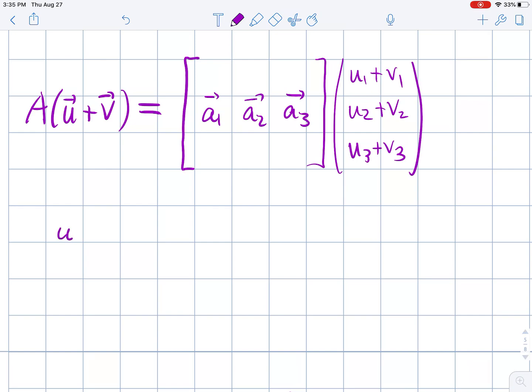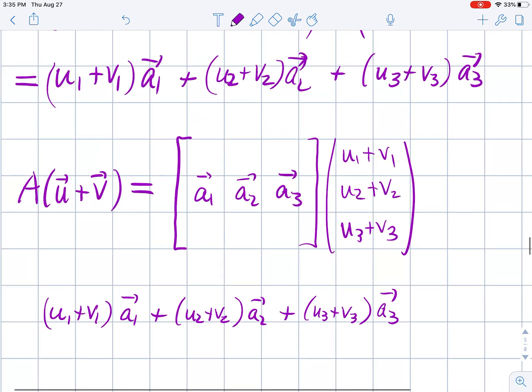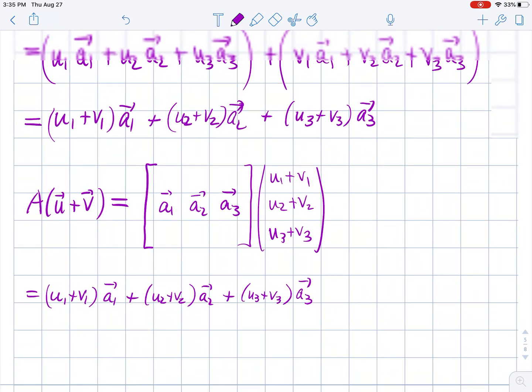And if we work that out, we're going to get the first entry times the first vector plus the second entry times the second vector plus the third entry times the third vector. And now, if I look up what I got before, that's exactly the same as what I had above.